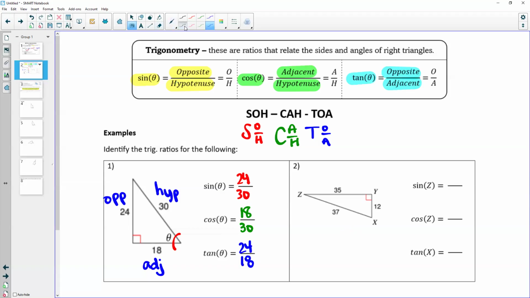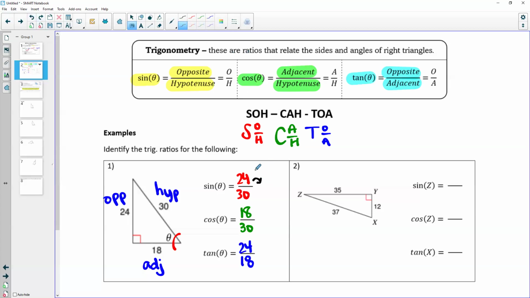I left this step for the very end. When you're setting up these trig ratios, you use SOHCAHTOA to help you set the numbers up in the correct place, but you also want to make sure that you're simplifying these fractions whenever possible. 24 over 30 can be simplified if we divide the top and the bottom by, let's not do 8, I'm sorry, I can divide the top by 8, but not the bottom.